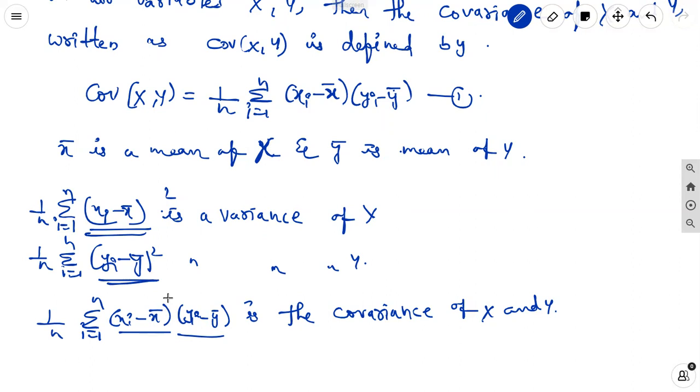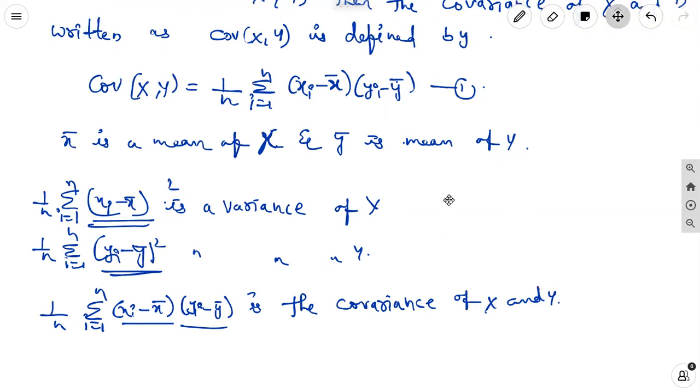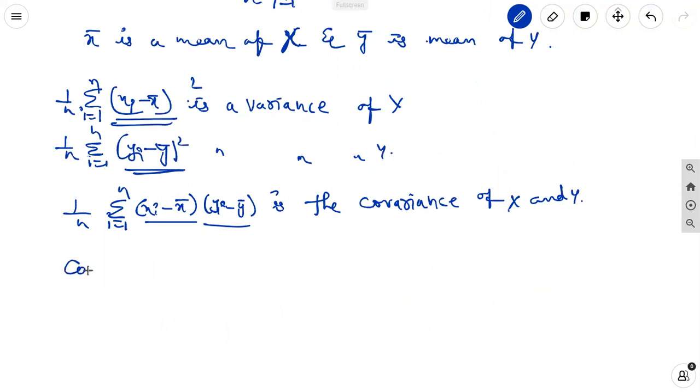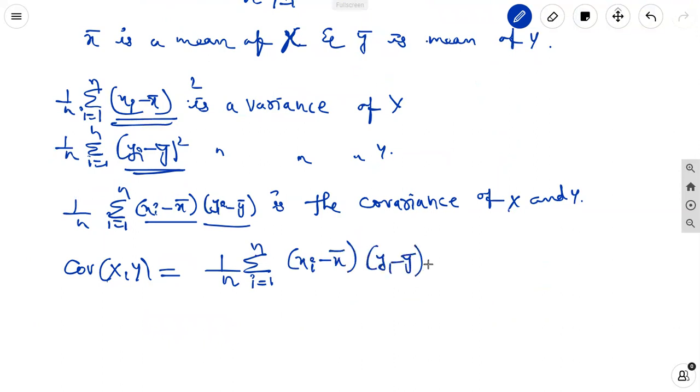Here, the covariance of x comma y is equal to 1 by n summation i equal to 1 to n of (xi minus x bar) into (yi minus y bar). After the simplification, 1 by n summation i equal to 1 to n of xi yi minus xi y bar minus x bar yi plus x bar y bar. After the simplification, these two get cancelled.